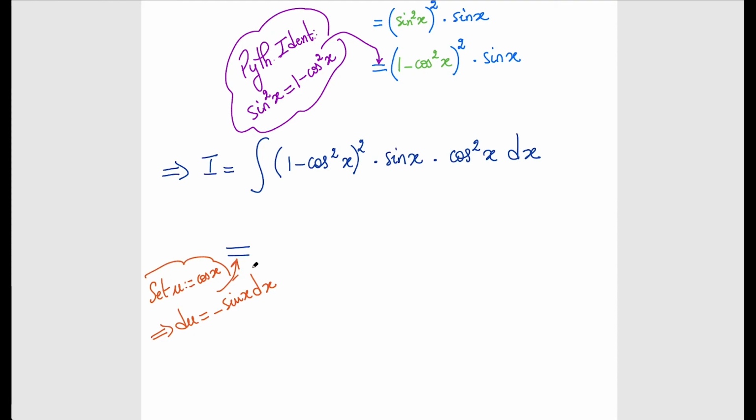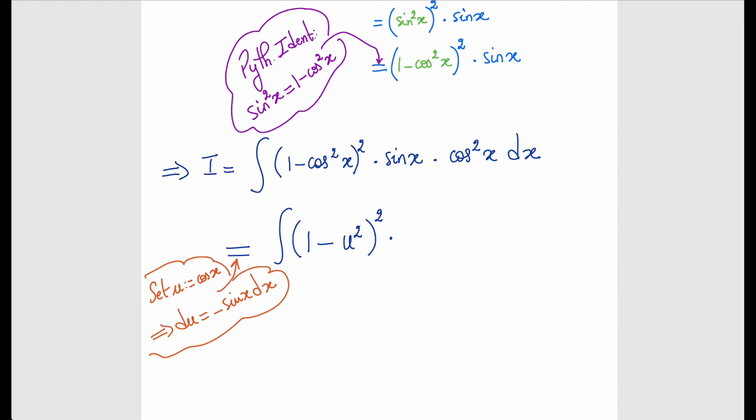Correct? Okay, and as such, I becomes the primitive of 1 minus the square of cosine, which is the square of u now, squared, times sine x dx.